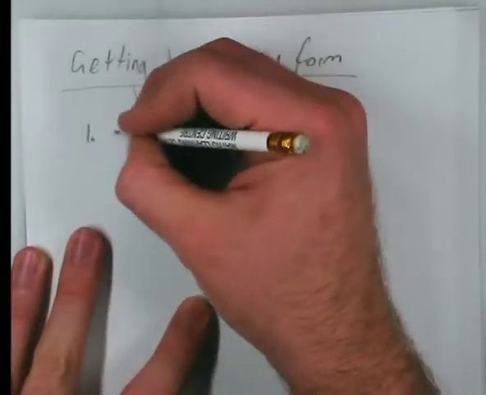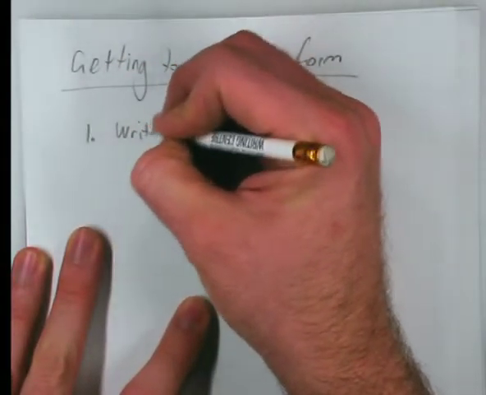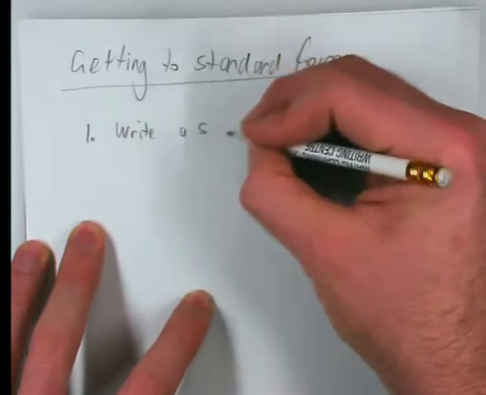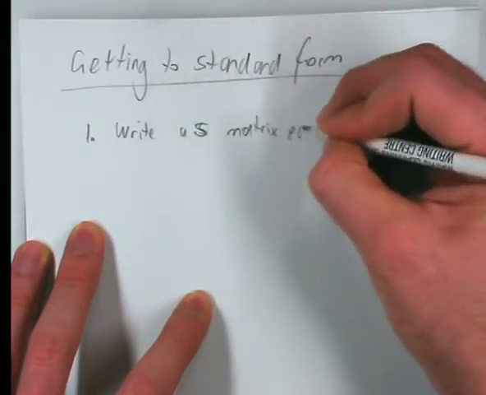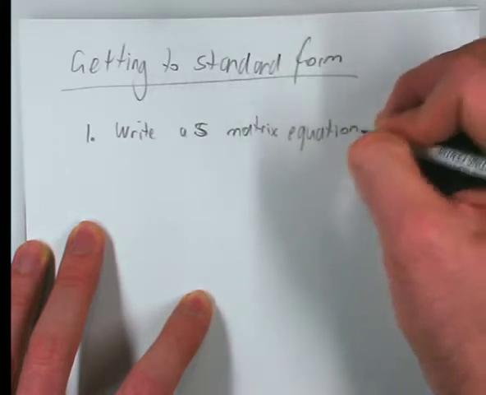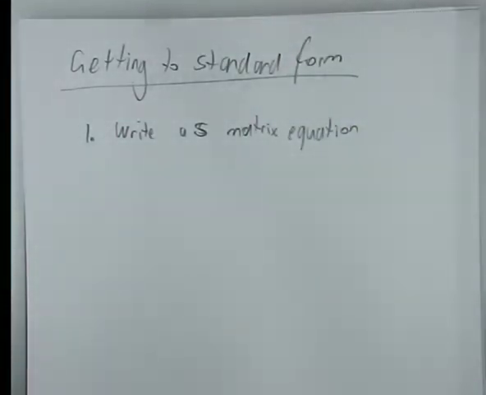First, we want to write it with matrices. Write it as a matrix equation. And then the matrix that comes out of that equation, we're going to have to orthogonally diagonalize it.